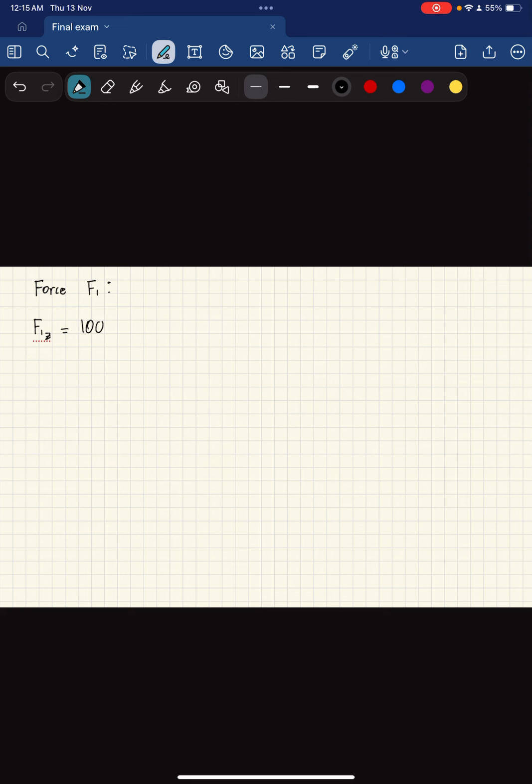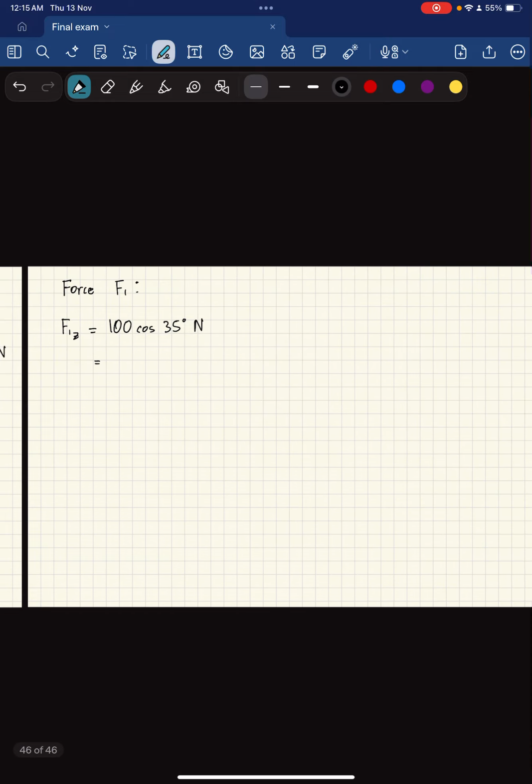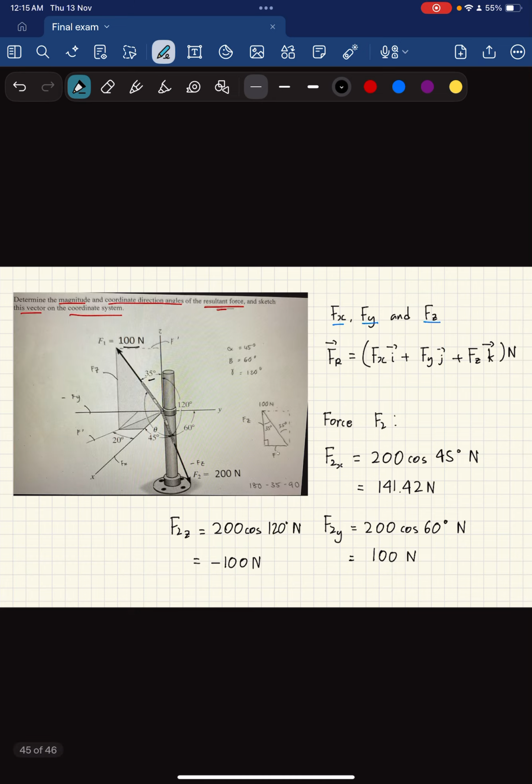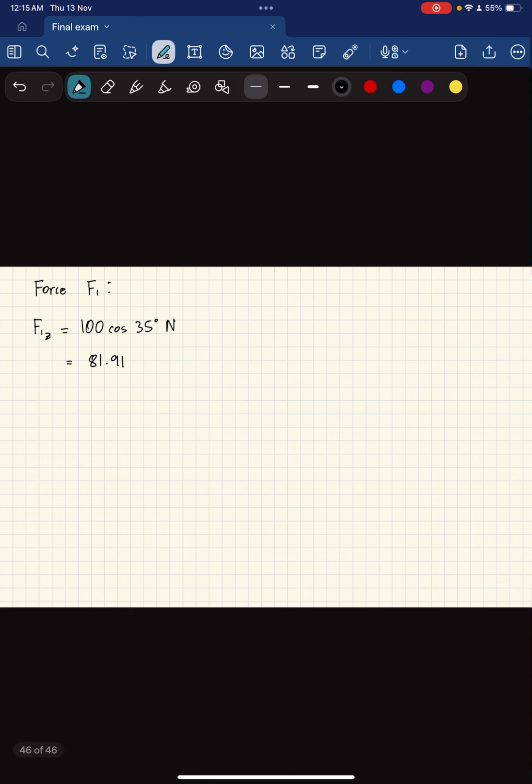So we should get 100 cosine 35, about 81.915 Newtons. I think we'll just put in 3 decimal places, it's no problem at all. So that's F1 z component.